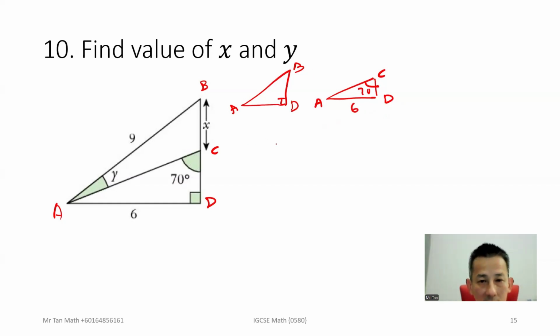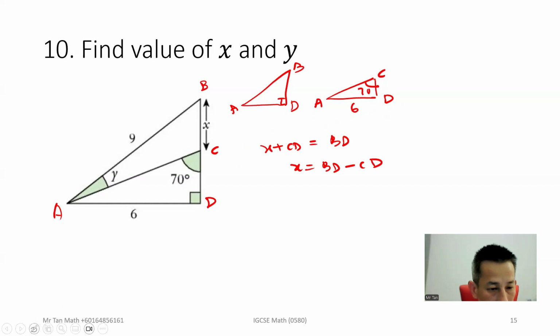So to find X, okay. So we can see here BD, X plus CD should equal to BD. So the X is equal to BD minus CD. Okay. First, we find BD.